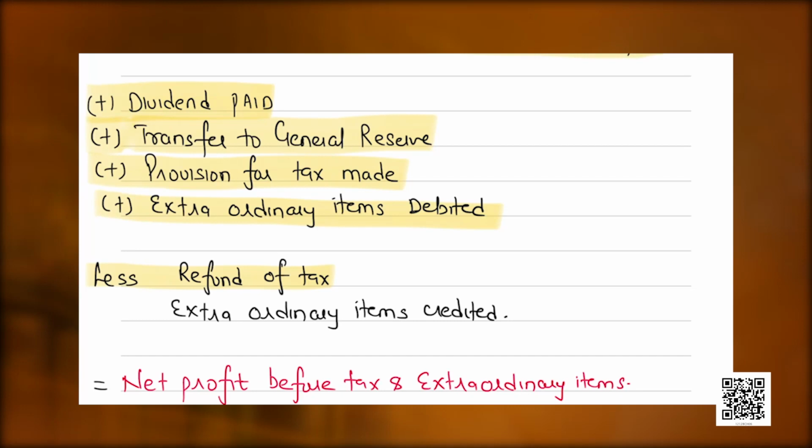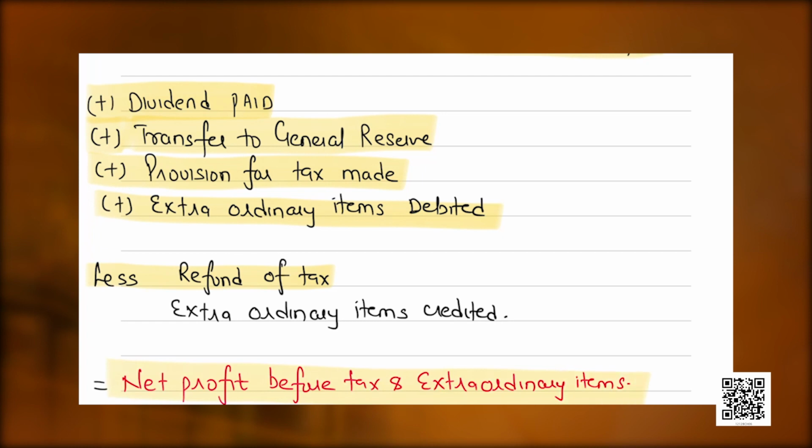Receiving a refund of tax from the income tax department is not my operating activity, but it is added in the P&L account. So we have to deduct it. By subtracting and adding all the discussed things, we get net profit before tax and extraordinary items.